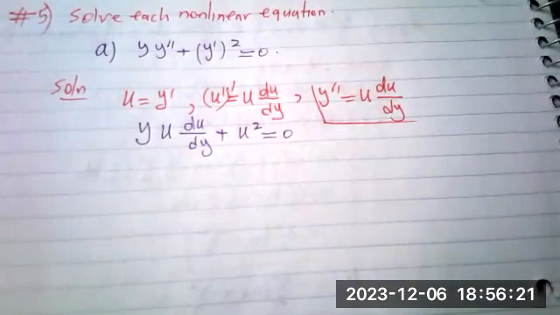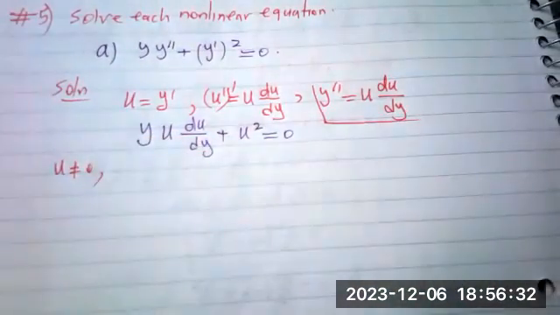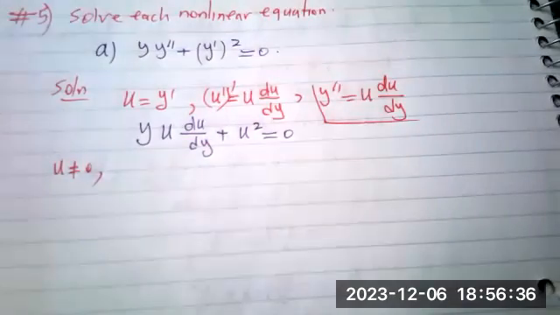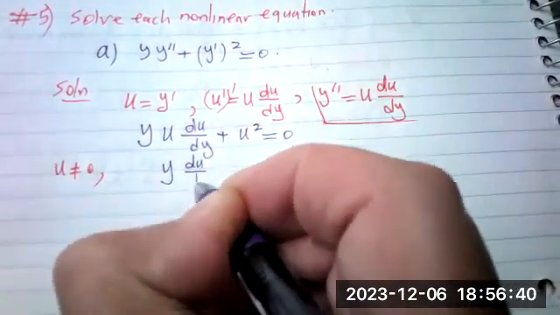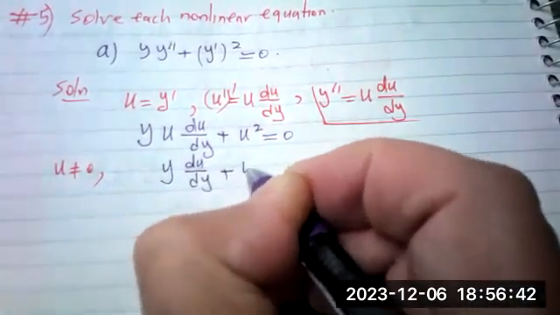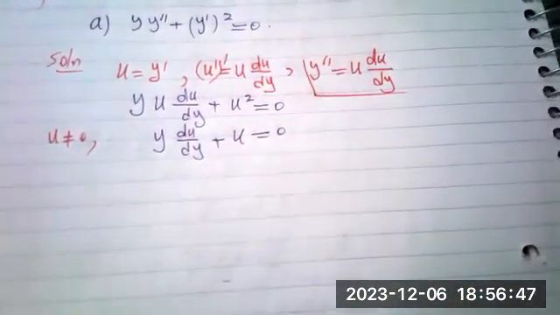That's why you have to create that dy to be able to do this problem. So we have the u squared. You can divide by u, because we assume that u is not 0. If u is 0, y prime is 0, and y would be a constant. So we can divide by u. That gives you y du dy plus u equal to 0. Now it's an easy equation to solve.